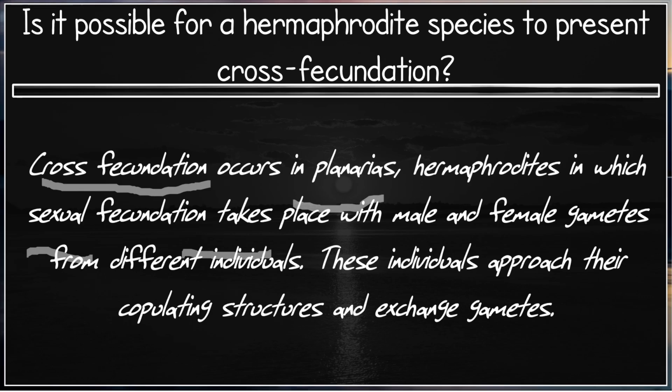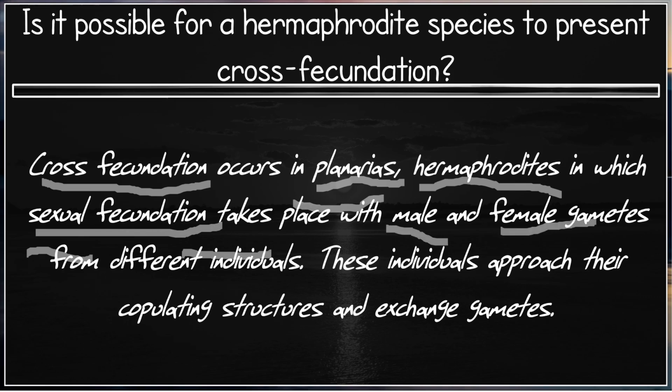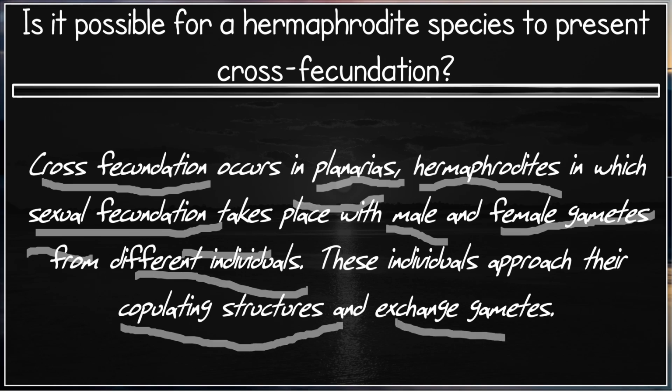Cross-fecundation or fertilization occurs in planaria, hermaphrodites, in which sexual fecundation takes place with the male and the female gametes from different individuals. These individuals approach their copulating structures and exchange gametes.